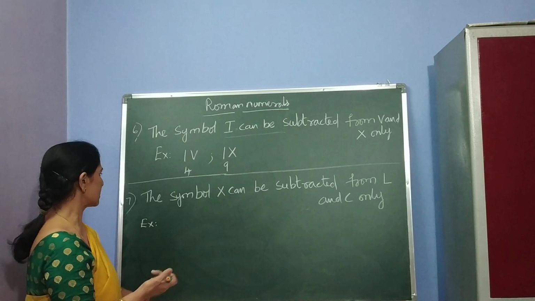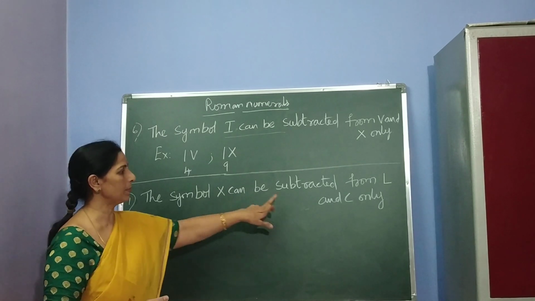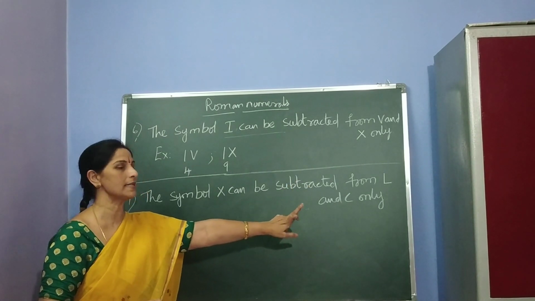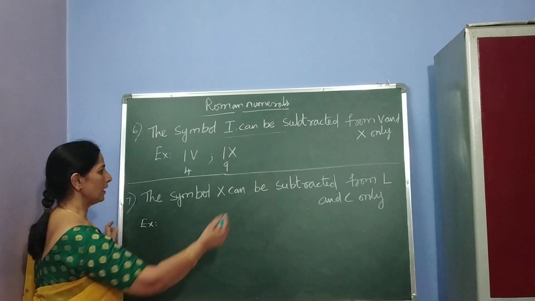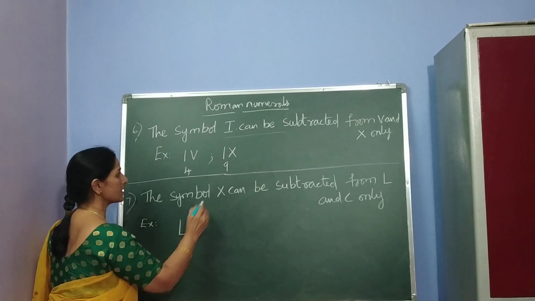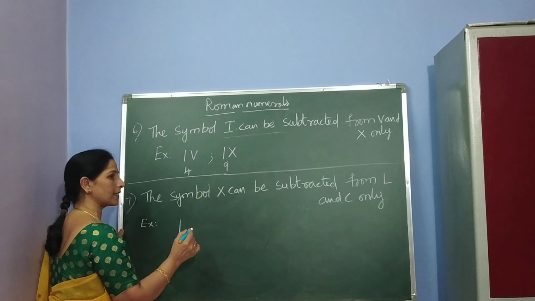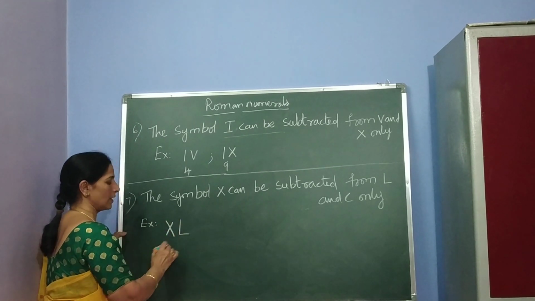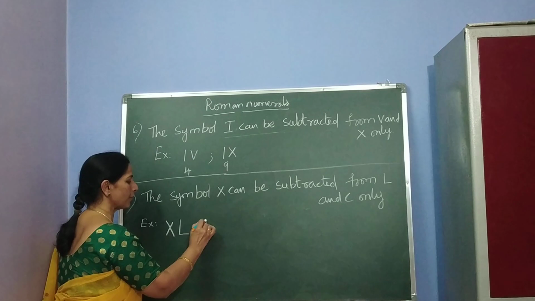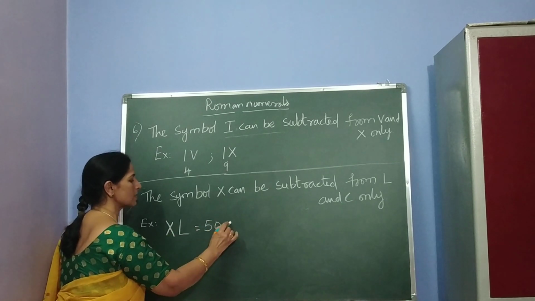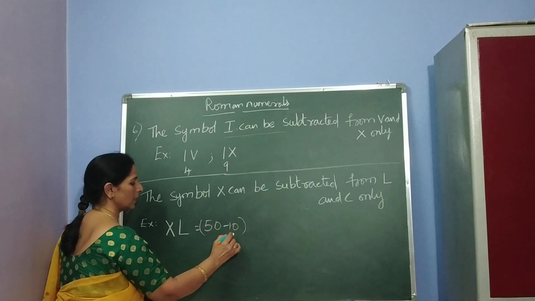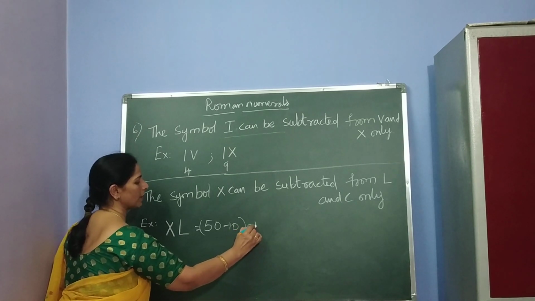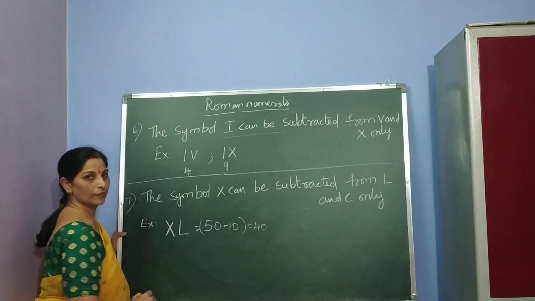Okay, children. See, the symbol X can be subtracted from L and C. Let's take the L. X can be subtracted. Subtracted means the smaller value should be written to the left. L is what, children? 50 minus 10. What does it give? 40.